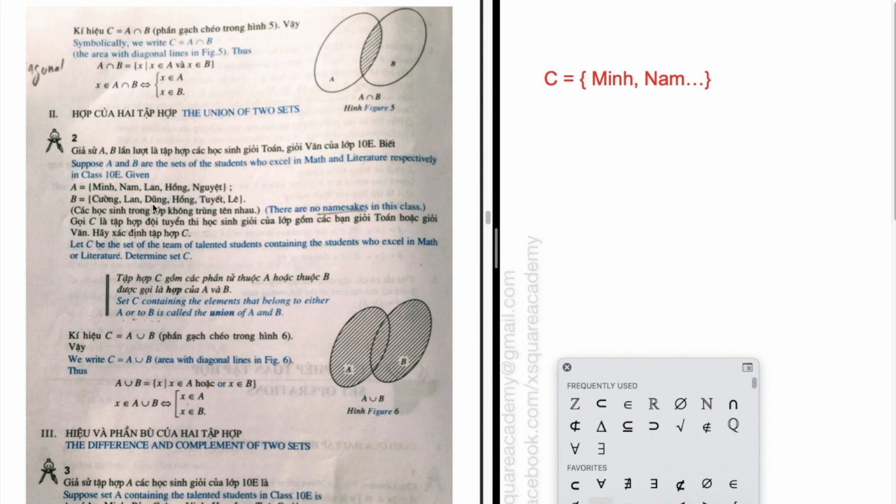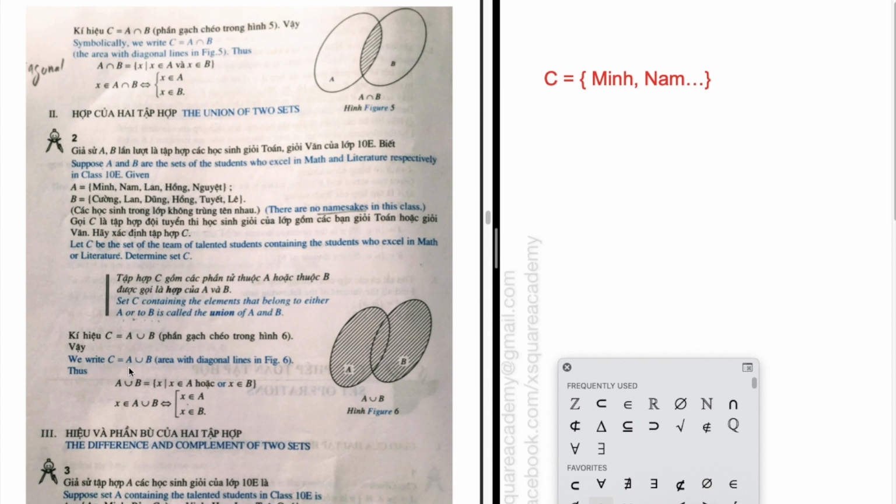And the theory for this section. Set C containing the elements that belong to either set A or set B is called the union of A and B. This is a Venn diagram. This is set A and set B. The whole area of set A and set B is their union.